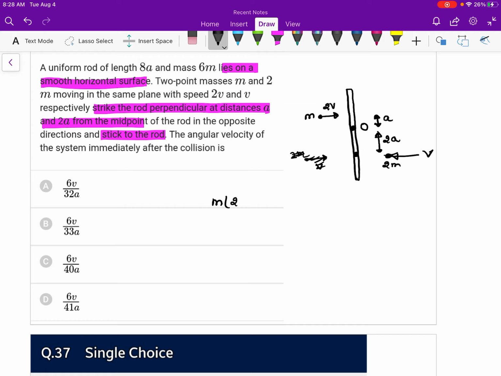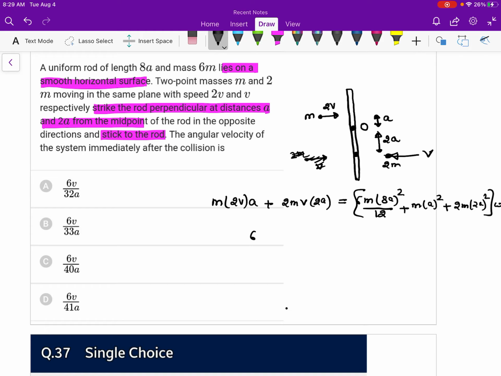So m into 2v into a plus 2m into v into 2a, this is angular momentum about center, is equal to total moment of inertia, which is 6m into 8a square by 12 plus m a square plus 2m into 2a square, into omega, angular momentum I into omega.